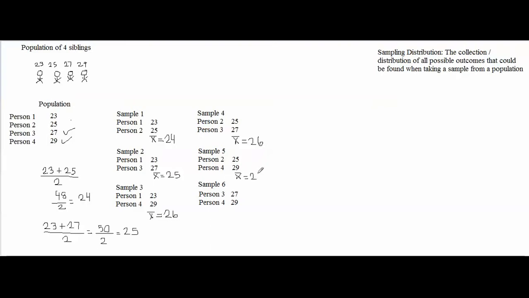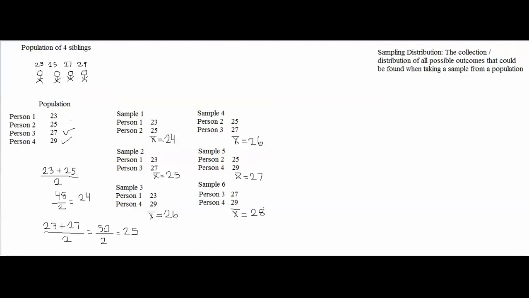And the mean will end up being 28 right here. So now we know that if we select a sample of 2 people, these are the 6 possible samples that we'll be selecting from. And we can see that each possible sample has a sample mean.